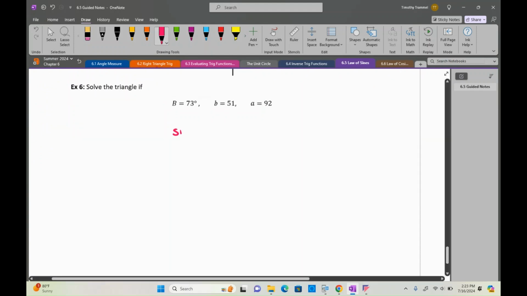So I can say sine of big A divided by little a is equal to sine of big B over little b. Okay. And sine of big B, right, was 73. All right, so we want to start solving for A. And so I can multiply each side of this equation by 92.